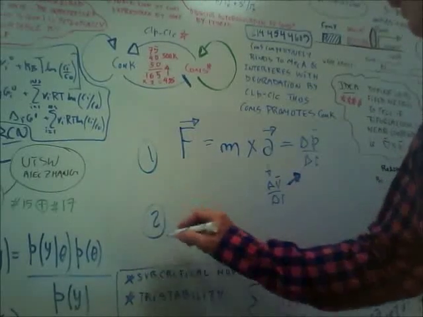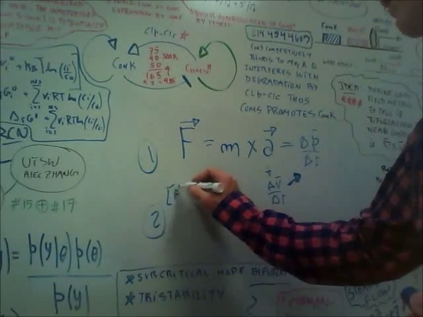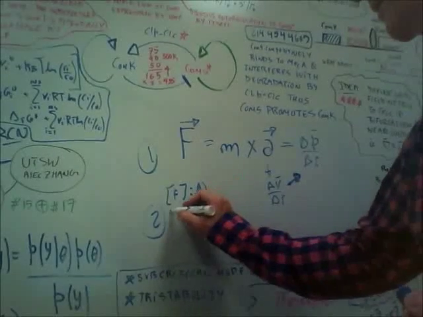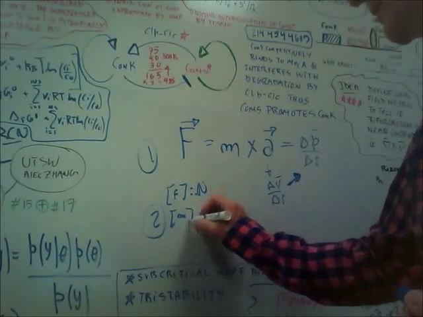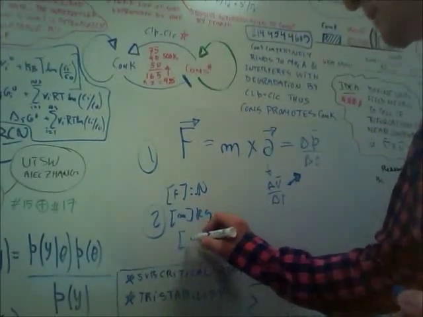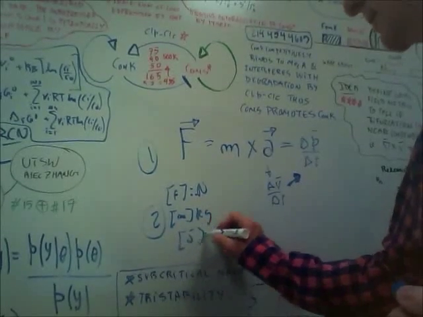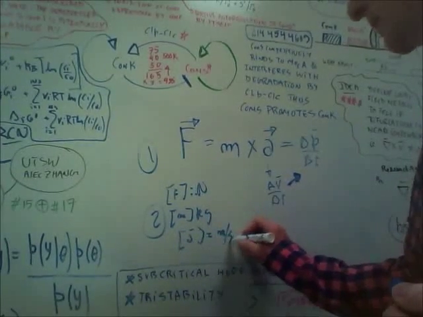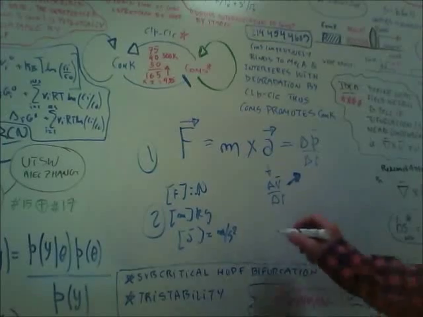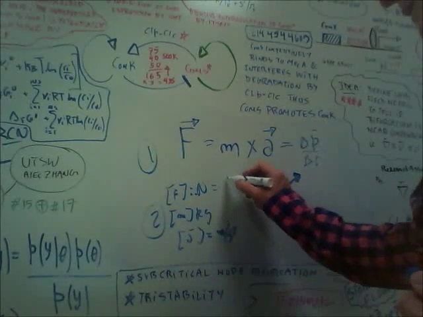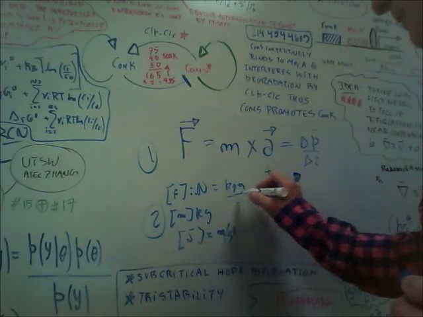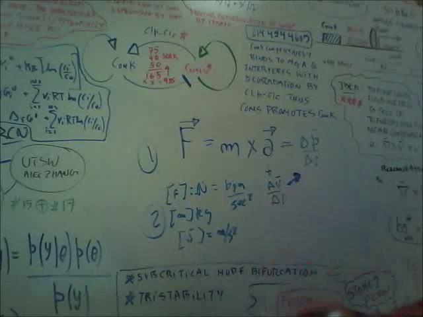Number two is units. The units of force is Newton, the units of mass is kilogram, and the units of acceleration is meter per second squared. So the unit of the Newton is a kilogram meter per second squared.